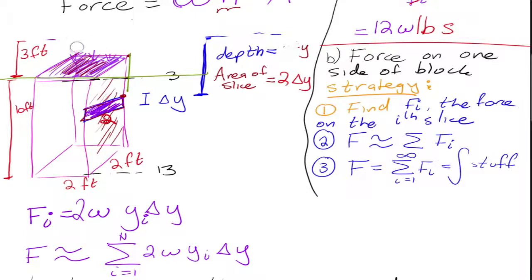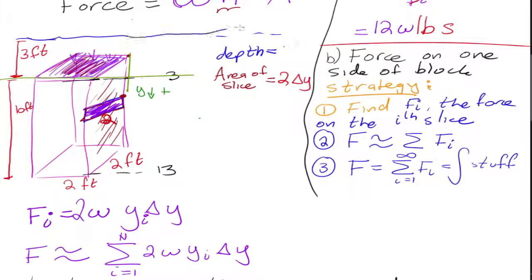And now my axis is right here, and then y is pointing still downward. It's still positive, but the water level is still up here, right? So this is the water level, and it's still the same depth and everything. So what changes?